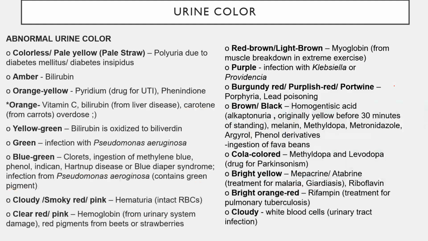Now, what are the different abnormal urine colors? So, in some cases, class, please take note that the colorless or the pale yellow color or the pale straw color is a sign of polyuria. When you say polyuria, class, this is known as your increased urine output. So you keep on urinating, class. And polyuria could be caused by diabetes mellitus and diabetes insipidus.